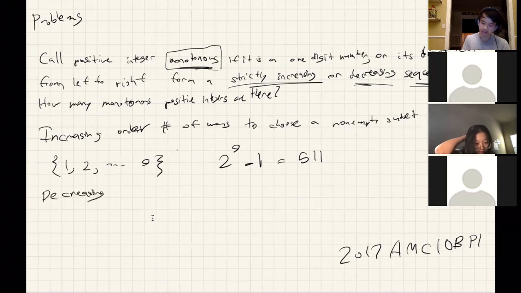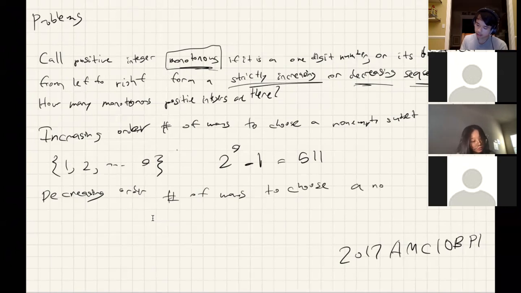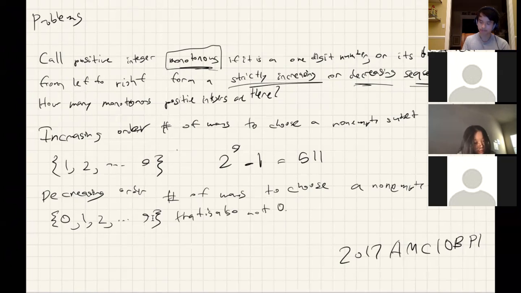What about decreasing? This is the number of ways to choose a non-empty subset of, now there's 0 to deal with, 0 through 9, that is also not 0.